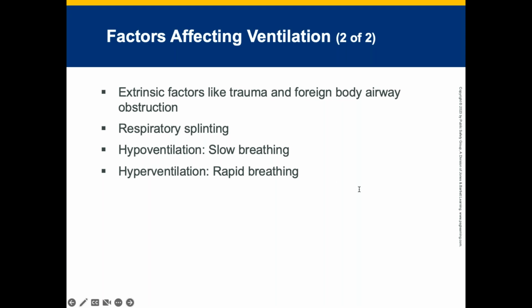Hypoventilation and hyperventilation could represent the body's attempt to compensate for various abnormal conditions, like alkalosis, high pH in the blood, or acidosis, low pH in the blood. So decreases or increases in minute volume can result in problems with carbon dioxide levels within that system.